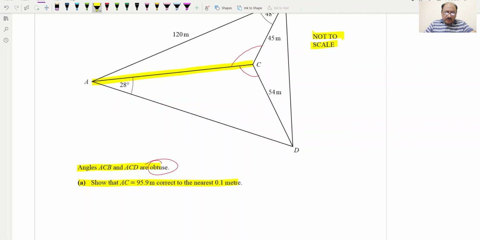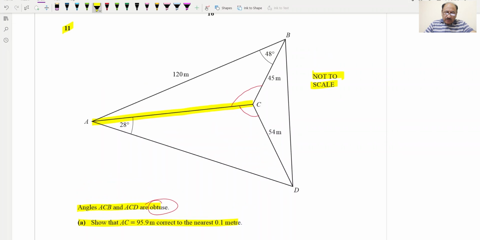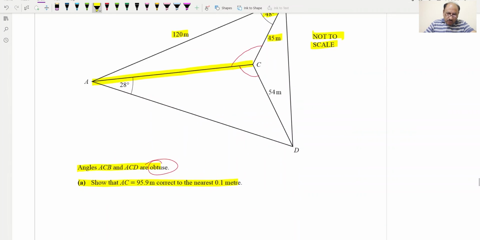So we can apply cosine rule. We have these two sides and their included angle, so the opposite side we can find. So cosine rule, we will write AC square will be equal to 120 squared plus 45 squared.